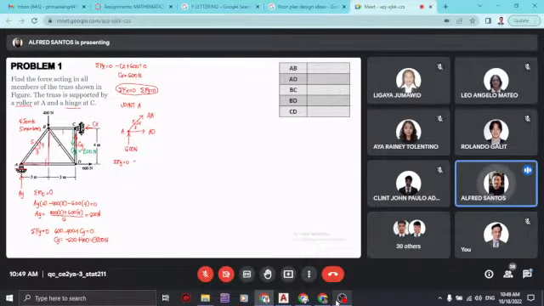Okay, so this will become 600 plus AB times H over R. So, this is 4 over 5, is equal to 0. Okay, so rearranging yung equation natin and solving for AB, this is negative 600 over 4 over 5. So what's your AB?